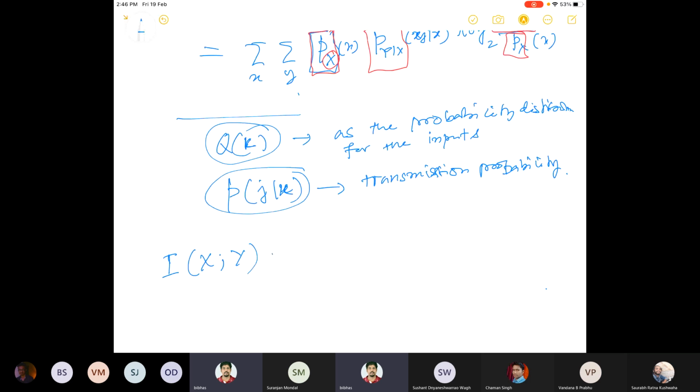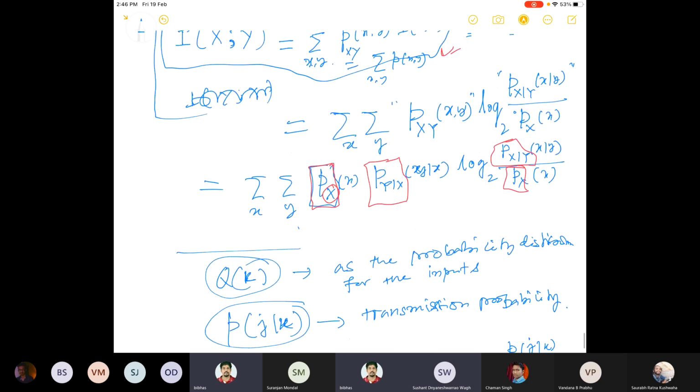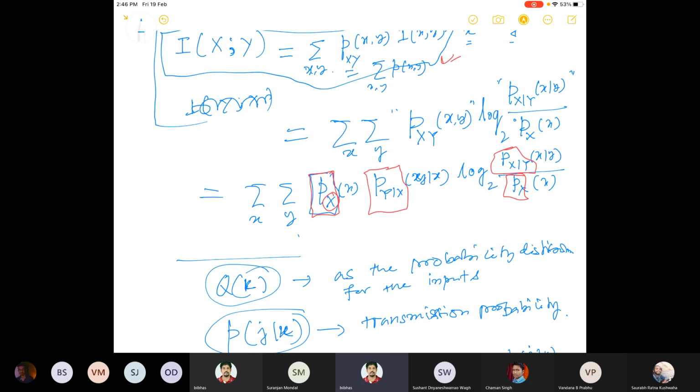So this is nothing but the sum over k equal to 0 to K minus 1, sum over j equal to 0 to J minus 1, of qk, then p of j given k, log of p(j given k) over... Is there any mistake here in the definition?